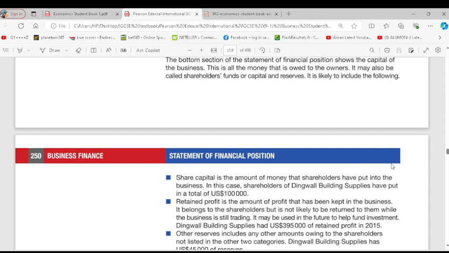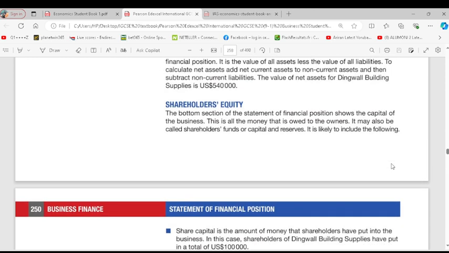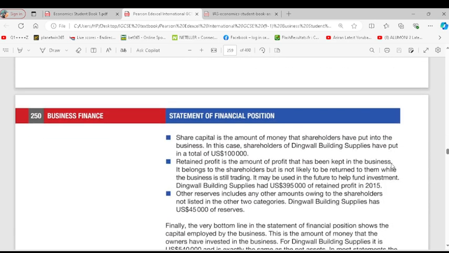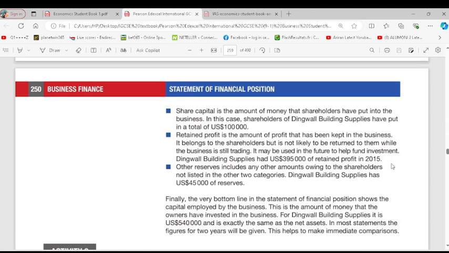Share capital is part of shareholders' equity. Share capital is the amount of money you raised through shares. Then retained profit, the amount of profit that the business is putting back into the business, is part of equity. Clear?